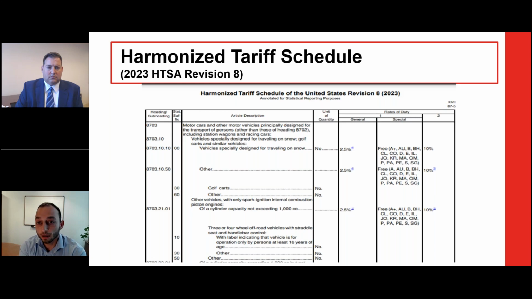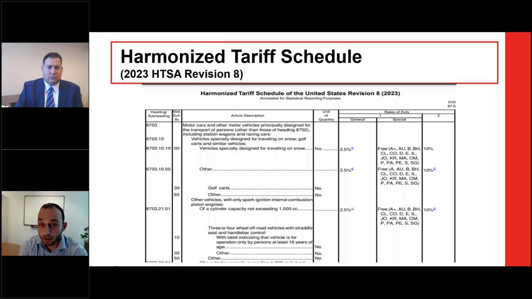And the Special column identifies the preferential tariff duty rates that may be applicable for a product. And the last column, which is column 2, is the duty rates that will be applicable for products of origin with which the United States does not have normal trade relations.